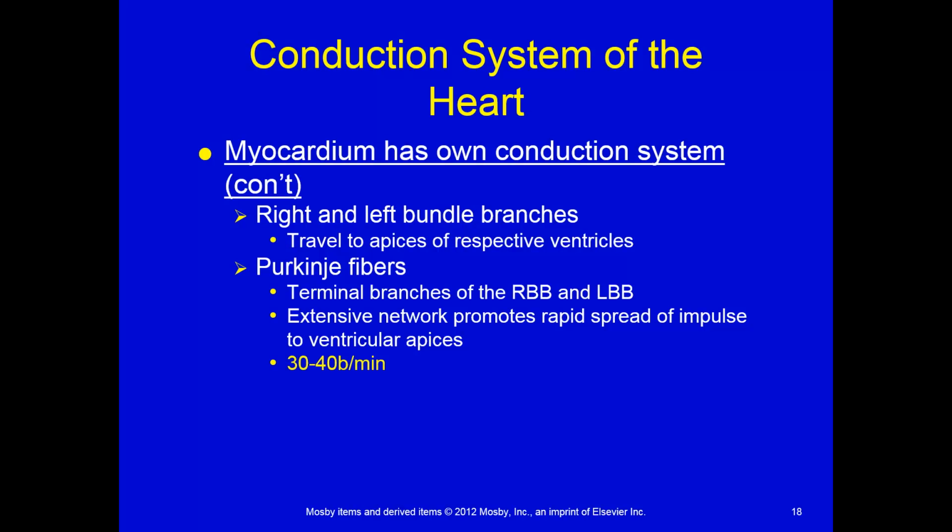SA, AV, bundle of His, bundle branch, Purkinje. That's what happens every cardiac cycle. Now, in terms of wiping one of these nodes out, then it would skip that node that I talked about. But this is what happens every single beat. So an organized, sequential manner, known as the electrical activity that occurs through the myocardium each cardiac cycle, is known as normal sinus rhythm. Okay? This flow from node to node to node is normal sinus rhythm.